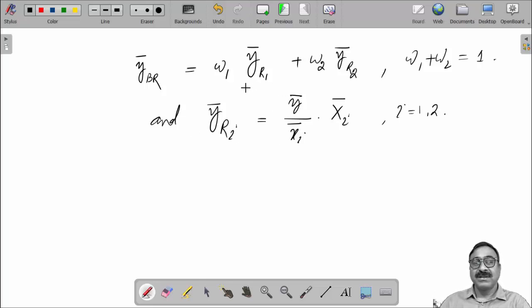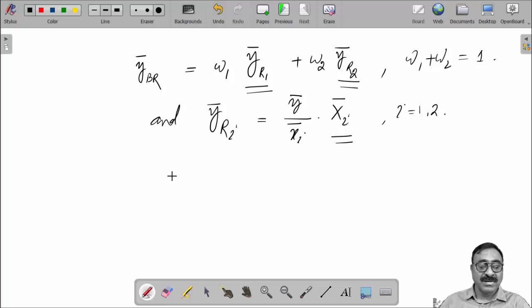That means this estimator is based upon the first auxiliary variable, and this one is based upon the second auxiliary variable. So here we assume that the population means of both the auxiliary variables, X1 bar and X2 bar, are known to us.